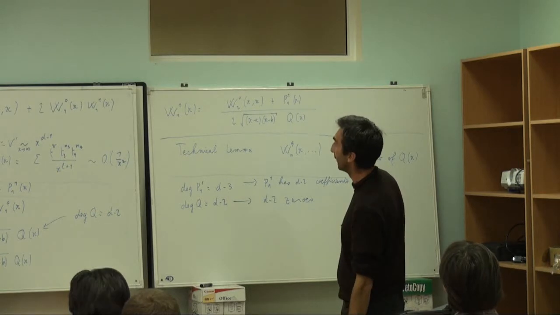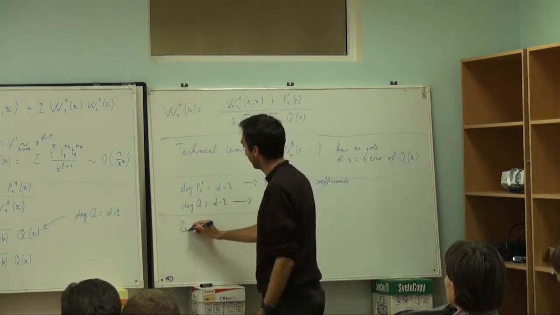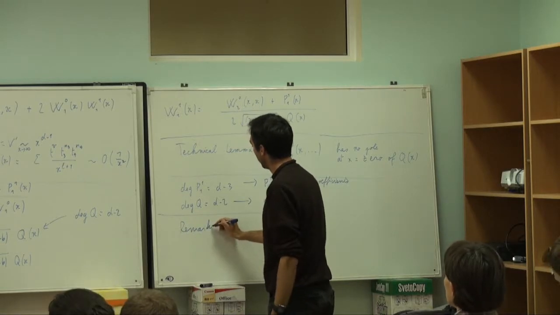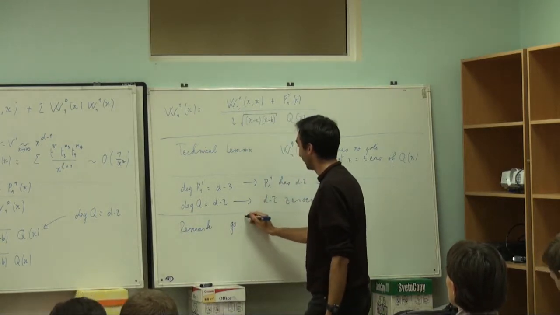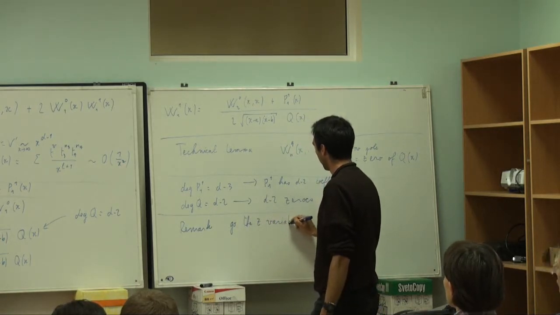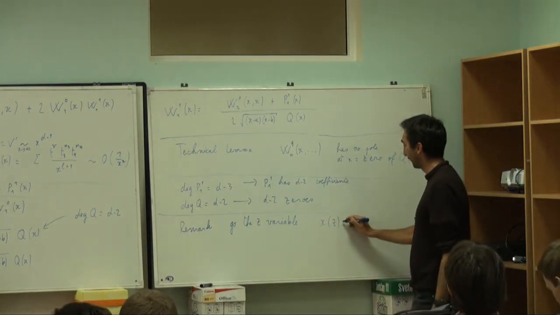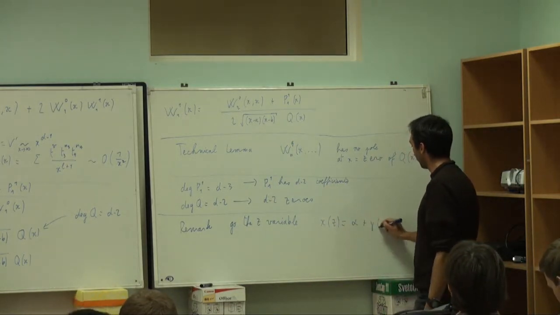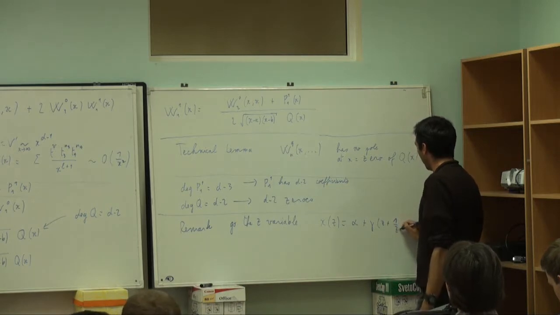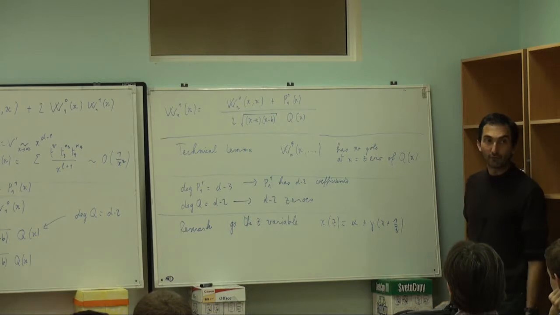Okay. So now let me make a remark. Go to the z variable. I remind you that we wrote x equals alpha plus gamma times z plus 1 over z. And this variable is the variable which uniformizes everything. So in the z variable, everything becomes rational functions.